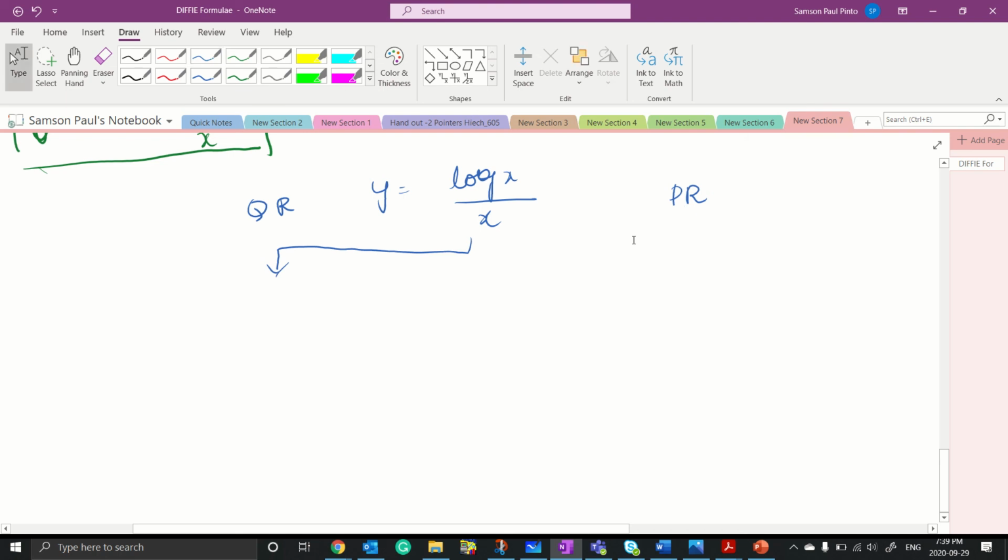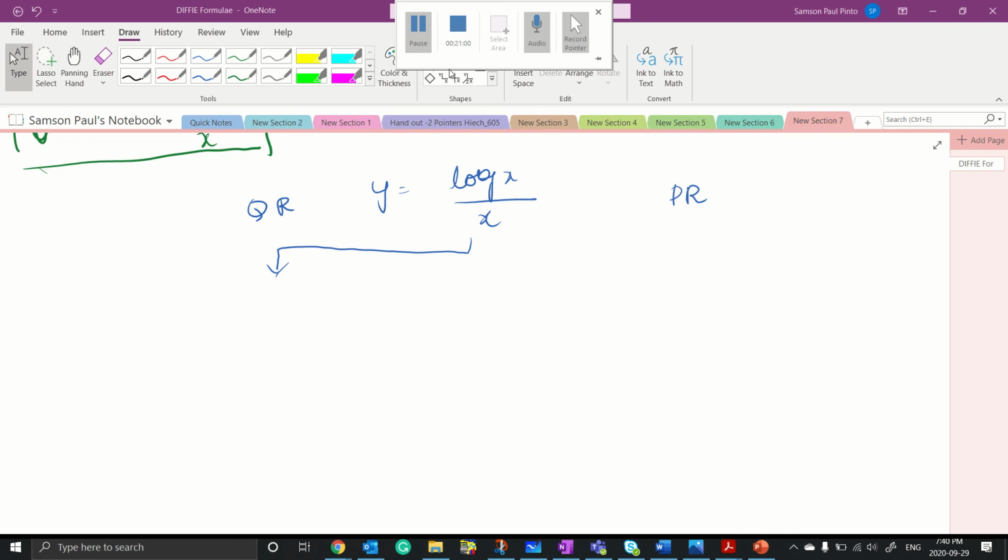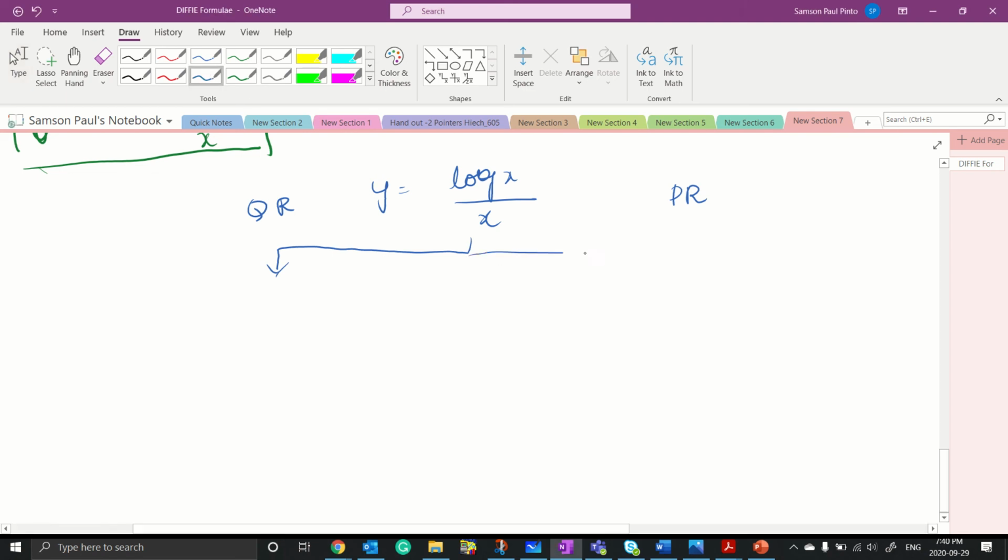These are not the short forms given in the book, so you may not find them in the book. I'll tell you how to solve it using both the methods.